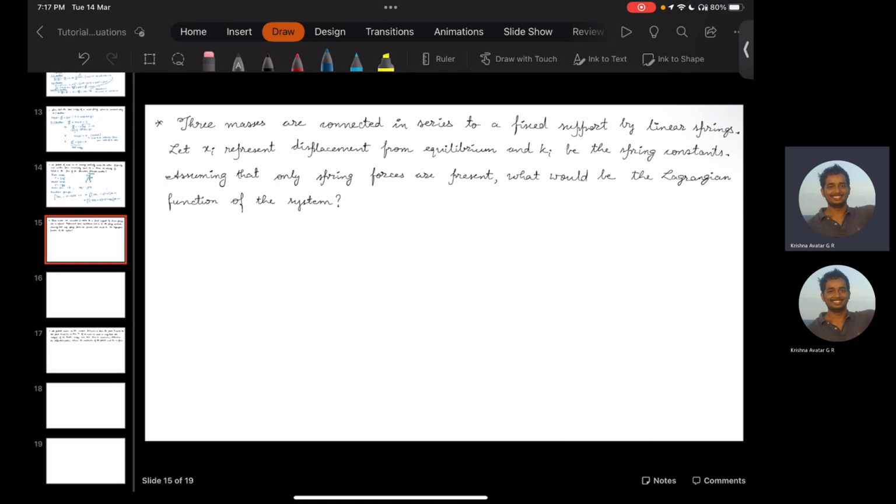So the question states that three masses are connected in series to a fixed support by linear springs. Let q i represent displacement from equilibrium and k i be the spring constants. Assuming that only spring forces are present, what will be the Lagrangian function of the system?